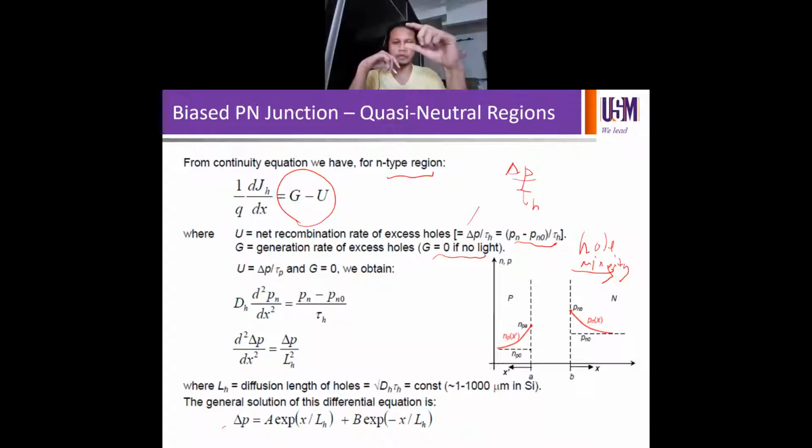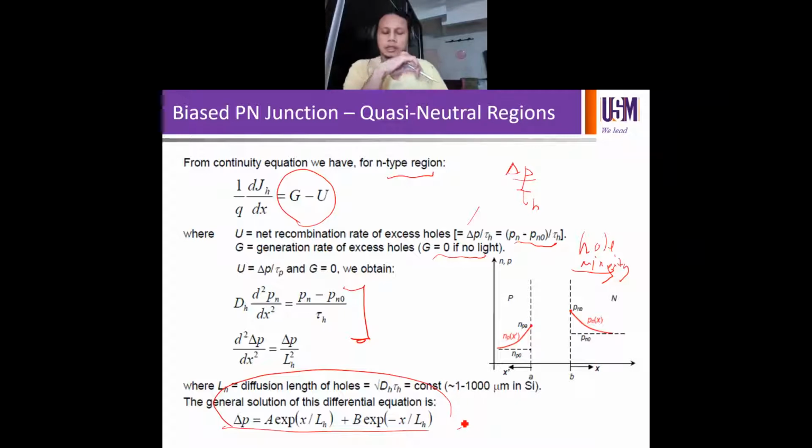You see the difference over tau h, the lifetime. This will be given by the same equation here, and if you look at the derivation in section 3.6, you'll find that it gives a general solution down here. Later, try to look at the derivation to understand the whole process. This is a summary of the process.